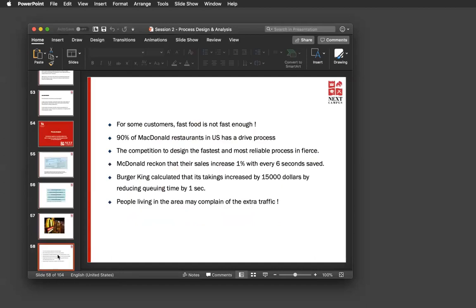So this is one very good example of a process analysis and design: how McDonald's analyzed their internal processes and redesigned them to deliver performance and of course revenue.